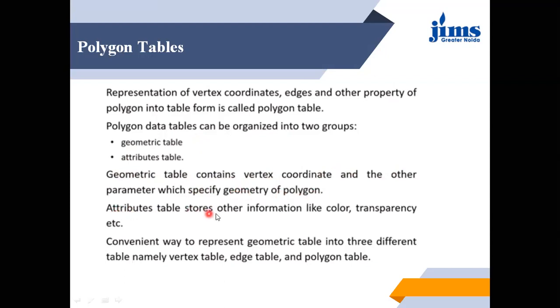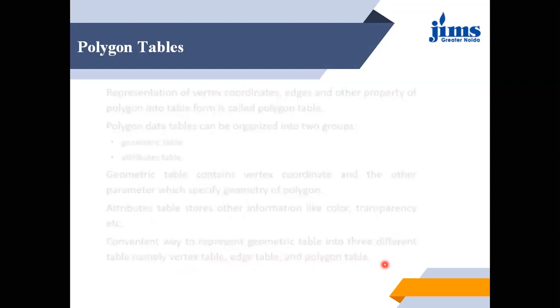Attribute tables store other information like color, transparency and more. A convenient way to represent the geometric table is with a vertex table, an edge table, and a polygon table, each separately. So these are three different ways in which a polygon can be represented easily.